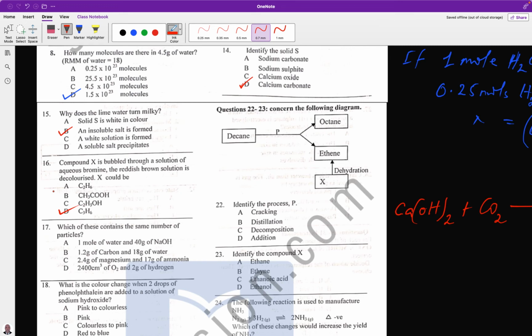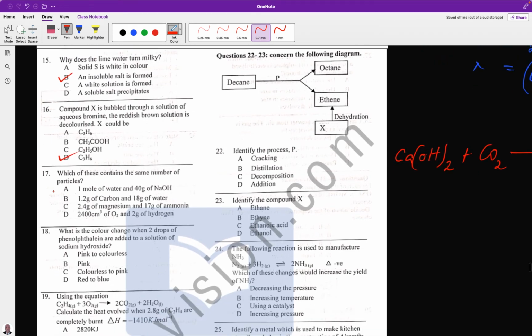A, 1 mole of water and 40 grams of sodium hydroxide. Which of these contain the same number of particles?